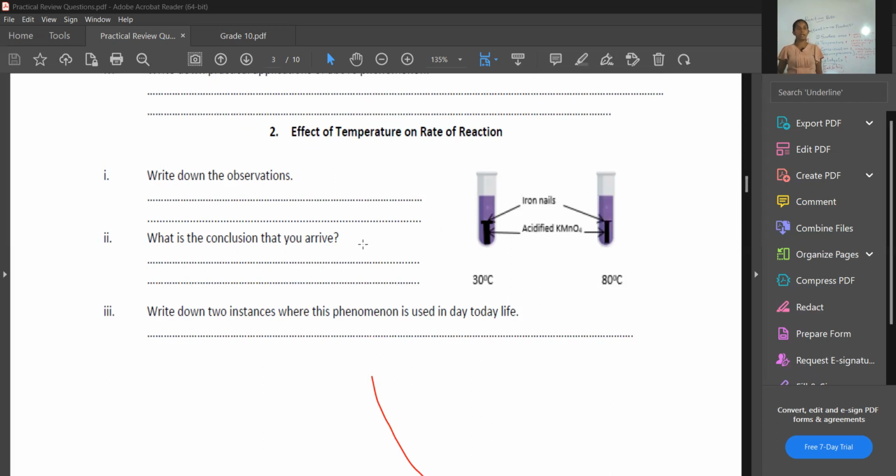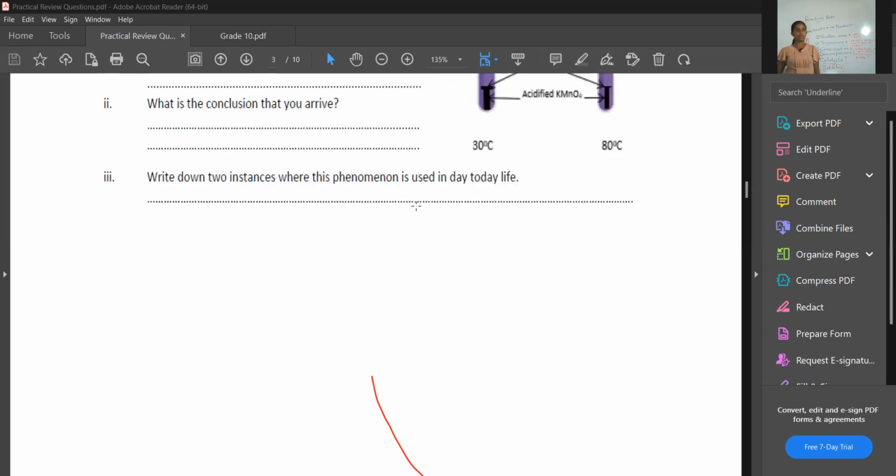If the kinetic energy is high, there are more collisions between the reactants, so the reaction rate increases. That is how temperature increases the reaction rate. Write down two instances where you use this in daily life.